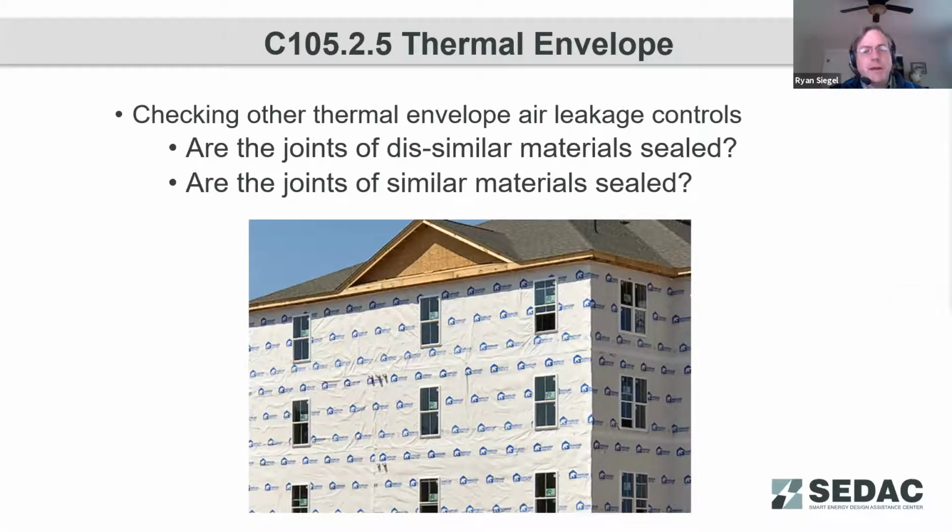But more commonly now, because people have gotten good at identifying and sealing the dissimilar materials, is understanding that we need to make sure that the joints of similar materials are sealed appropriately. And understanding while they may not have the differential of expansion and contraction that dissimilar materials may have, if we don't seal those joints, again, that air barrier can be compromised.